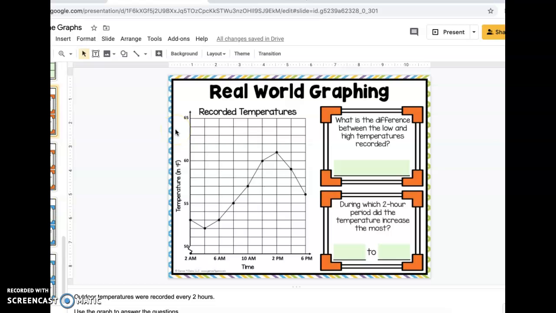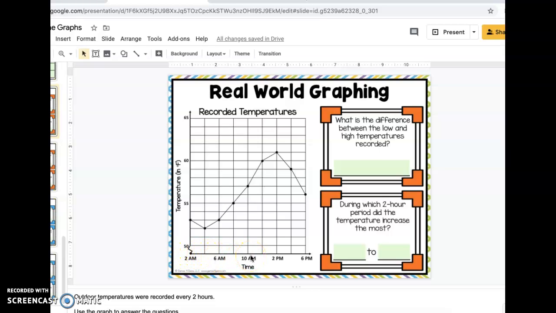Okay, let's use this data to answer these questions. What is the difference between the low temperatures and the high temperatures recorded? Okay, my lowest temperature looks like it happened around this time here. 2 a.m., 6 a.m., 10.